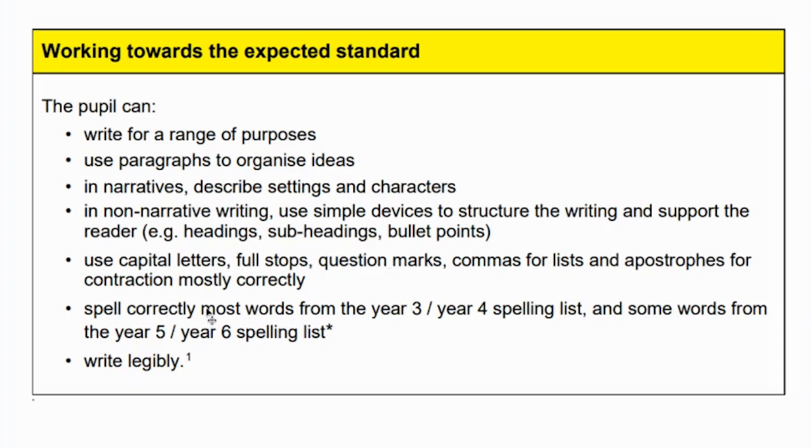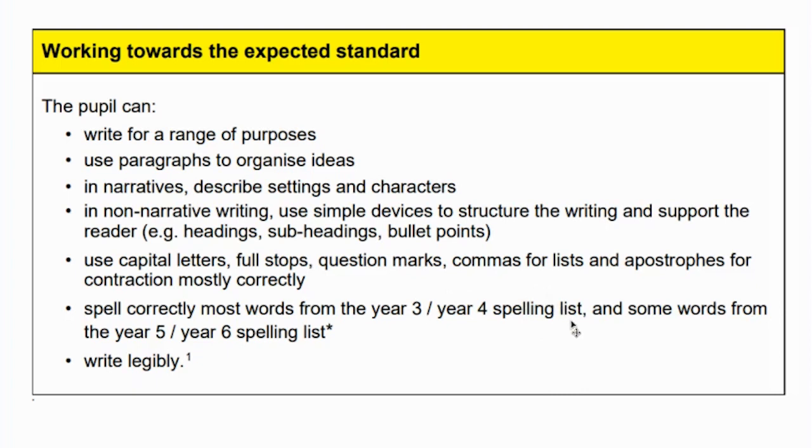They must use capital letters, full stops, question marks, commas for listing, and apostrophes for most contracted spellings. They must try to spell most of the Year 3-4 words correctly, and then some of the words from the Year 5 and 6 list. And their writing must be legible, which means we should be able to read it. But there's no requirement for the writing to be joined.